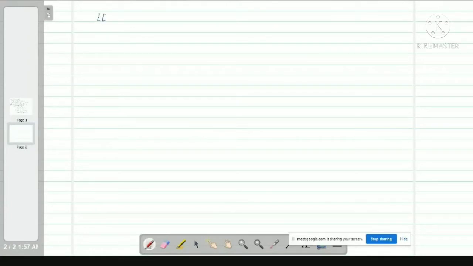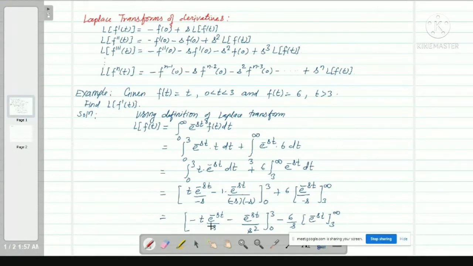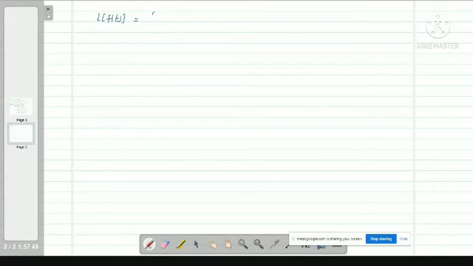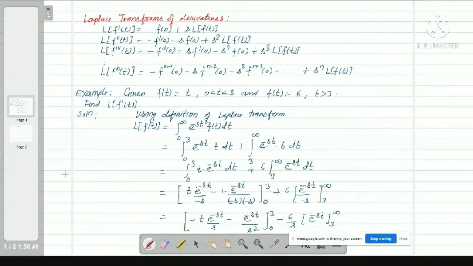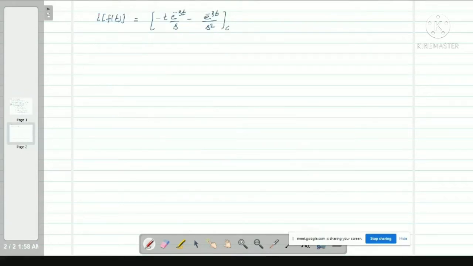So the Laplace transform of the function f of t is equal to, what is the last step? Minus t e raised to minus st divided by s, minus e raised to minus st divided by s square, and your limit running from 0 to 3.